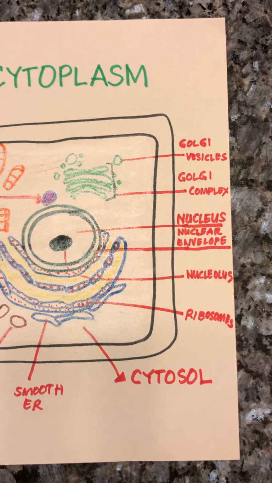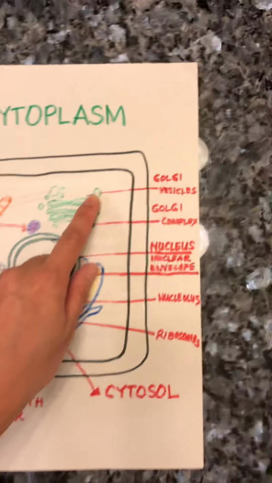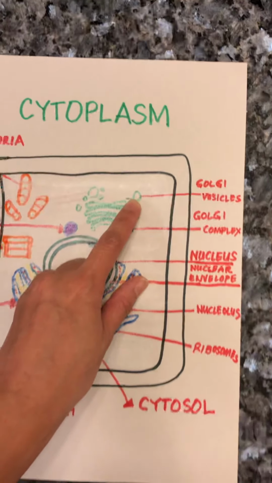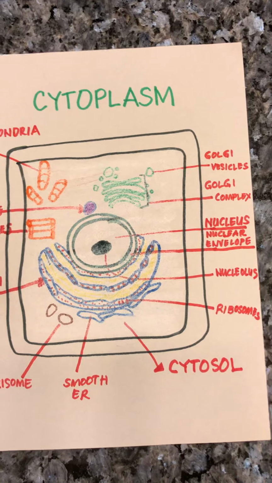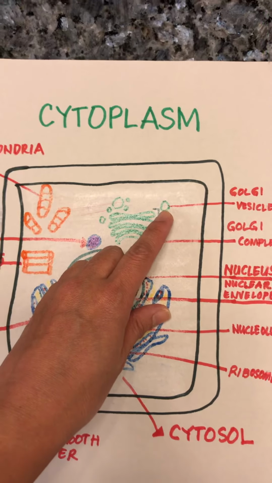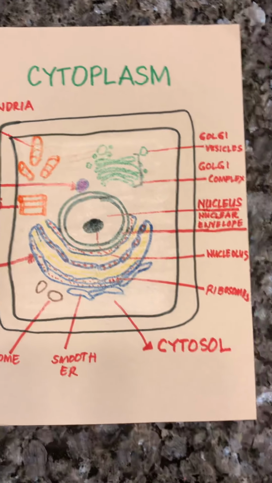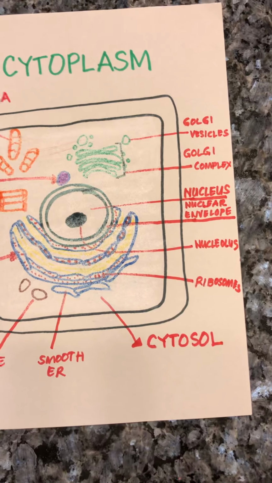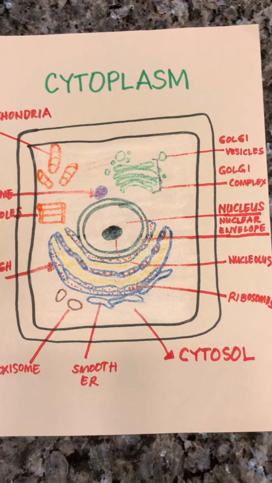Finished proteins are packaged in the Golgi vesicles and are then transported in the cytoplasm. So the Golgi vesicles are the transporter in the cytoplasm. Vesicles sometimes export products out through the cell membrane by the process of exocytosis.